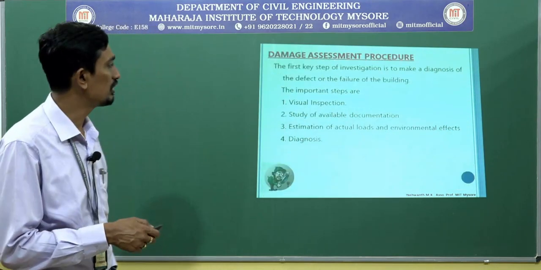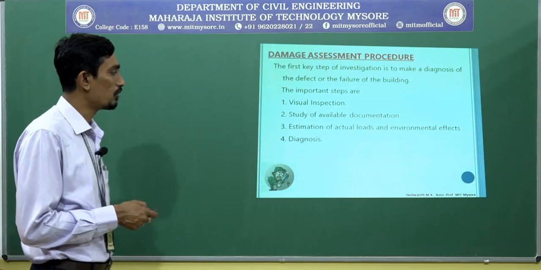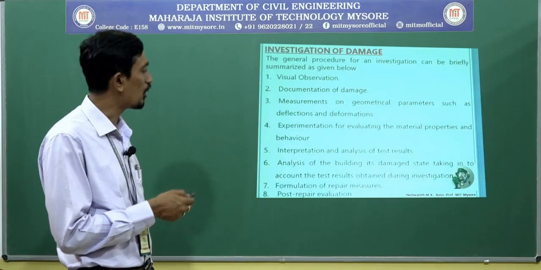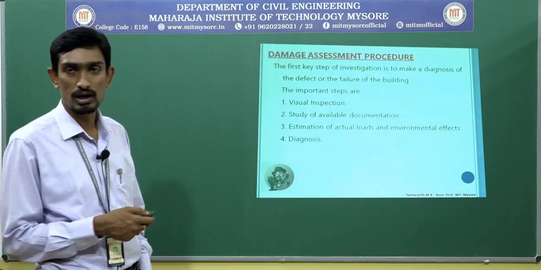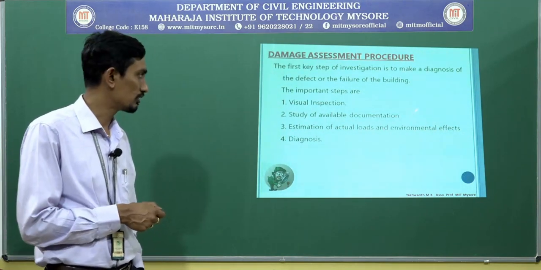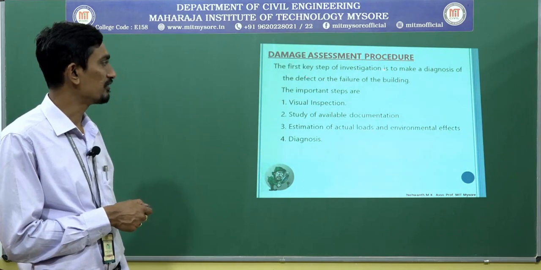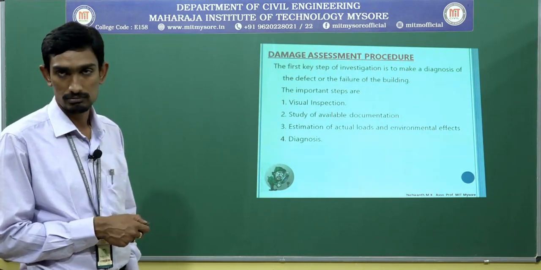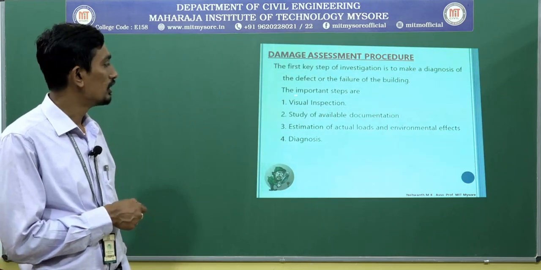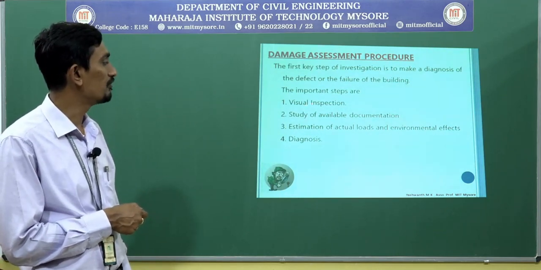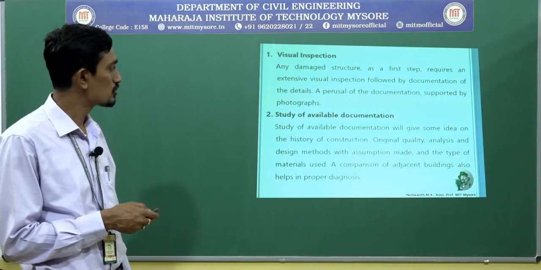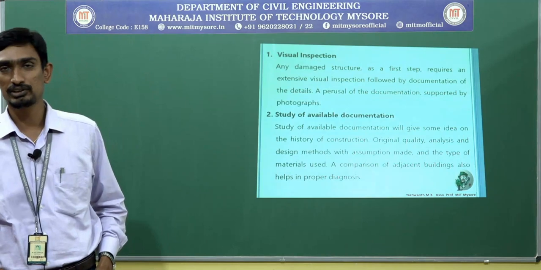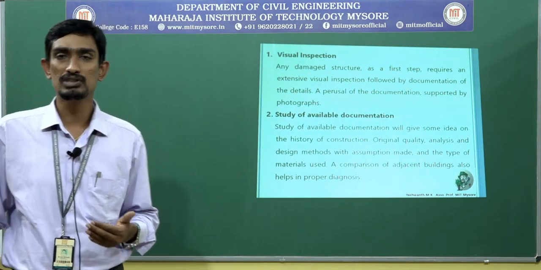So in continuation with this, let me go through whatever has been explained here. The same thing has been explained further: the damage assessment procedure. The first key step for investigation is to make a diagnosis of the defect or the failure of a building. The important step I have discussed is the visual inspection, what you are going to do in the visual inspection.